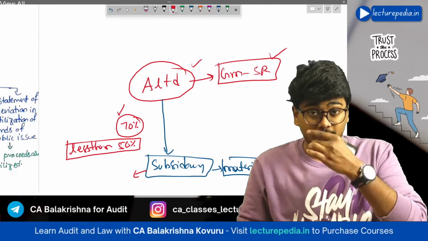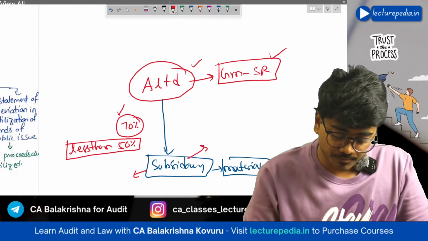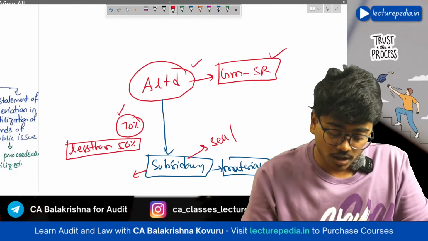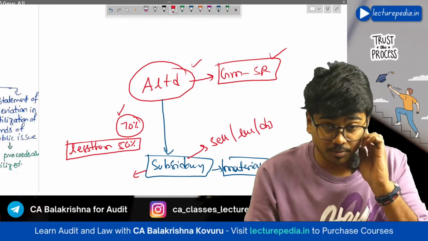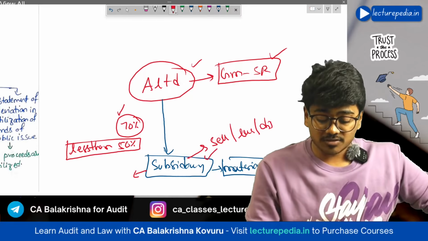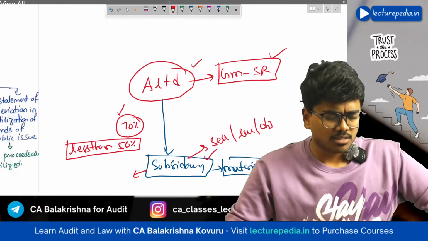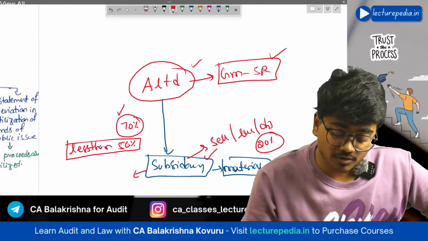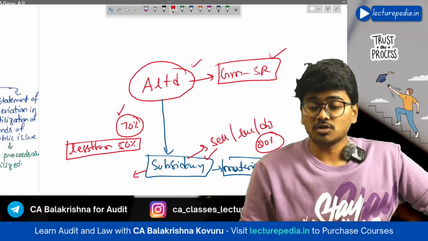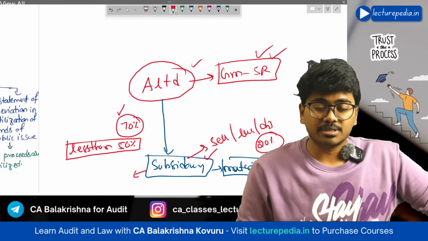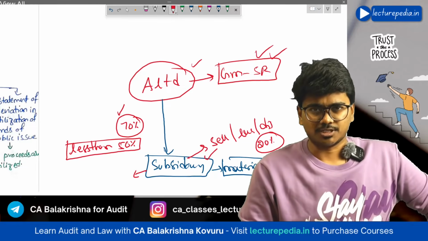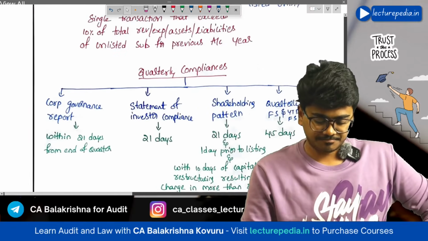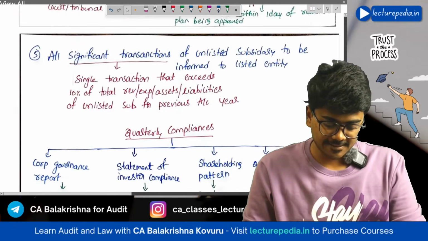Or if A Limited wants to sell, lease or dispose more than 20% of the assets of the subsidiary, then also A Limited in its general meeting has to pass a special resolution. Hope you understood this point. That is the requirement.